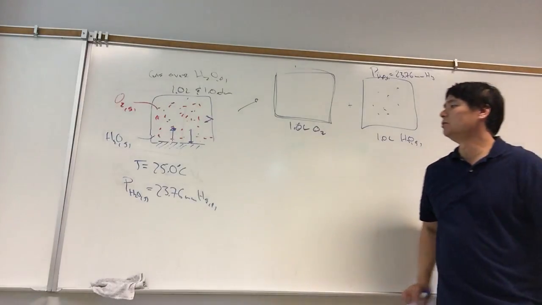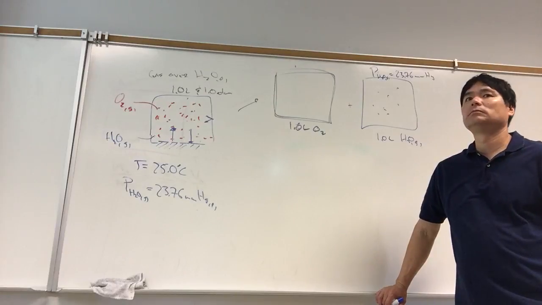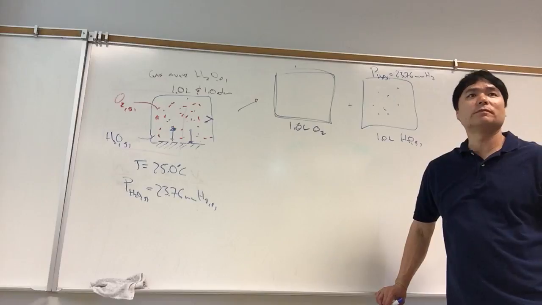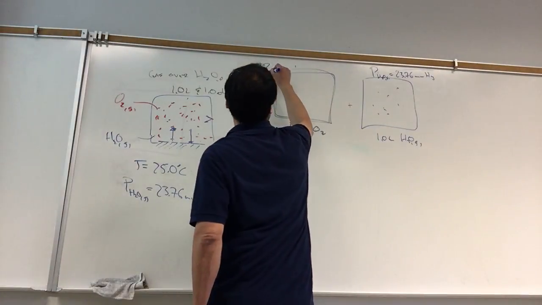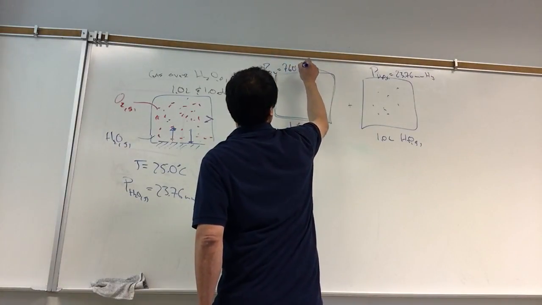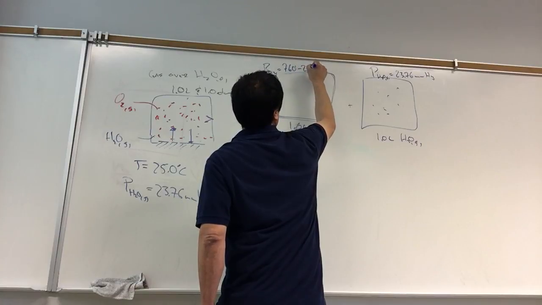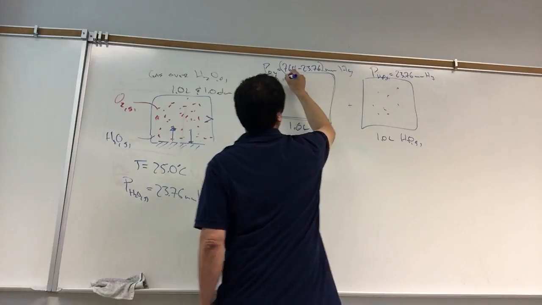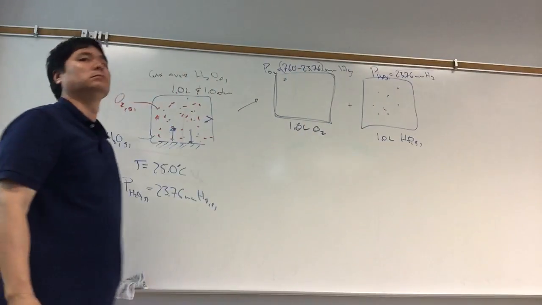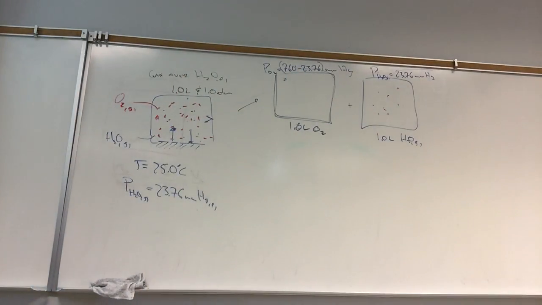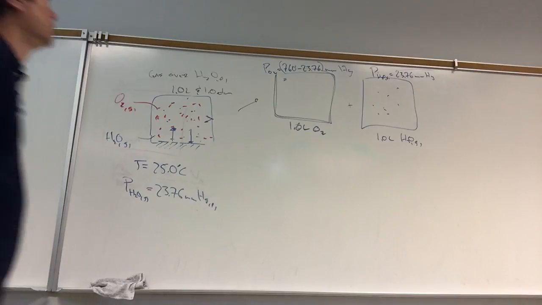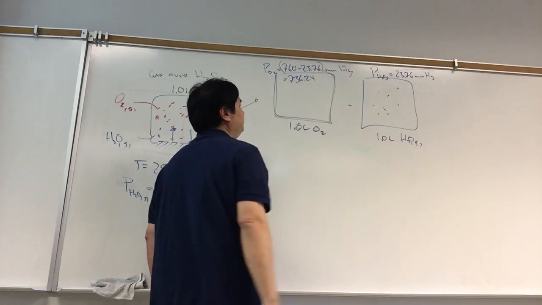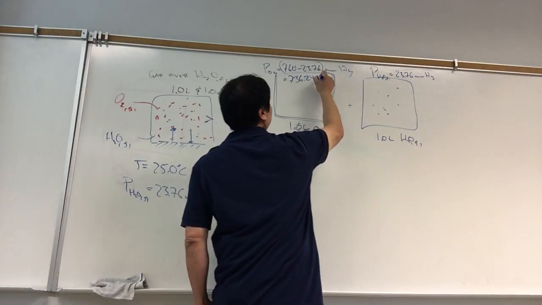What's the pressure of the O2? Well, Dalton's law says the sum of the partial pressures is equal to the total pressure. And so the pressure of the O2 is equal to 760 minus 23.76 millimeters of Hg, which is equal to what? 736.24 millimeters of Hg.